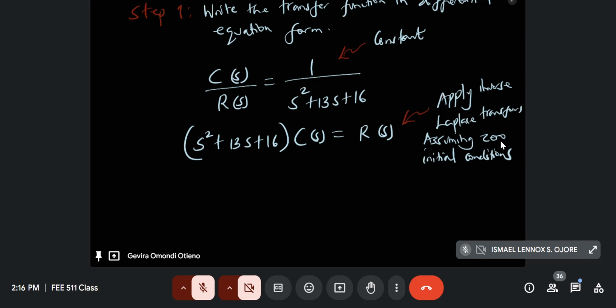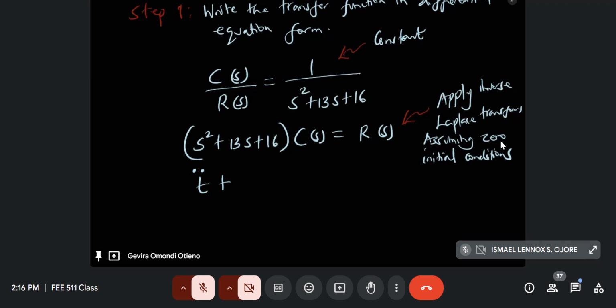I'm just doing a simple one to illustrate the whole thing. So we know that s squared becomes, in time domain, a double derivative because it's second order.